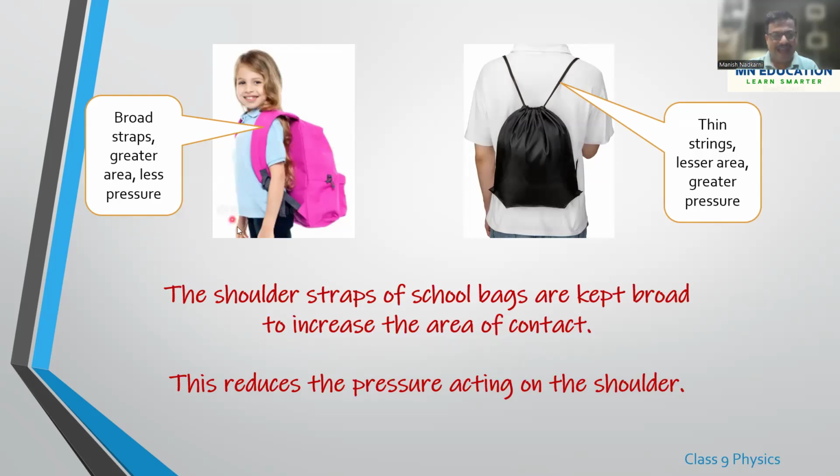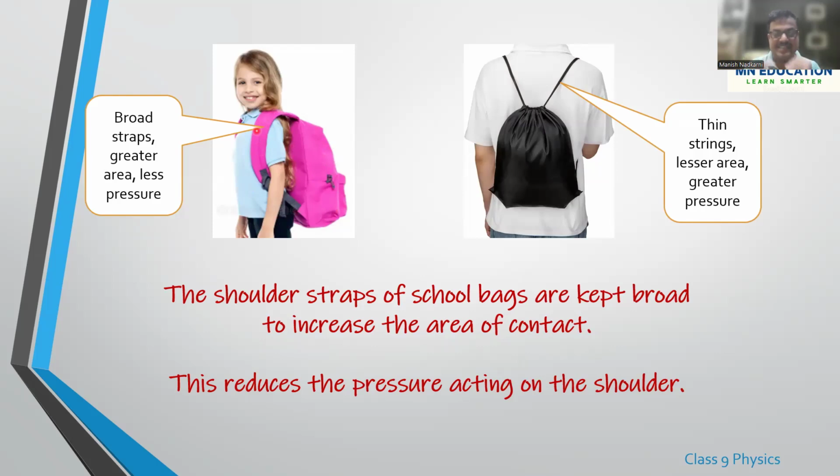For your school bags, normally the shoulder straps are quite broad. The reason is the same. The school bag has got a lot of weight. So if you keep a very narrow strap, then the area of contact with your shoulder will be small.